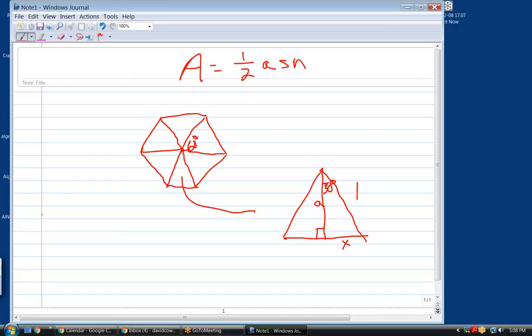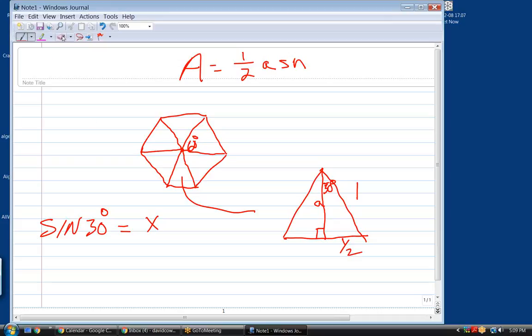Sine. So it would be sine 30 equals x over 1. Sine of 30 equals x. So x is 1/2. Right? Sine of 30 is 1/2. So that's 1/2 there.